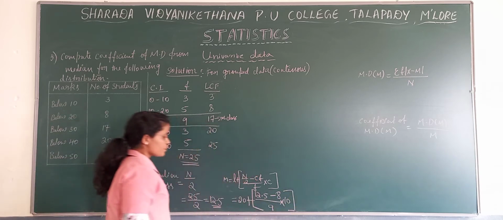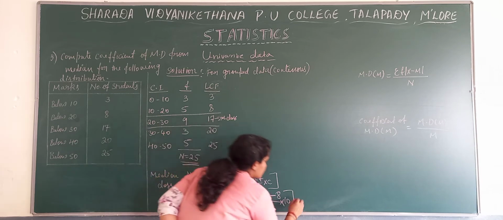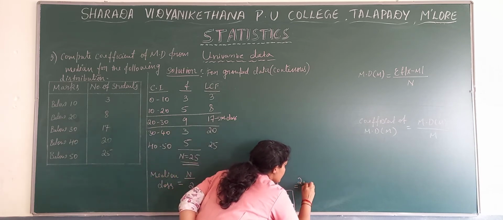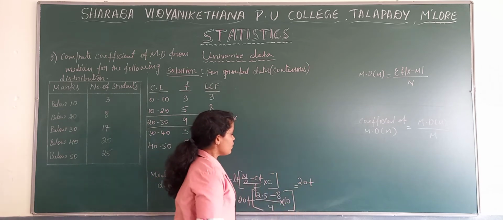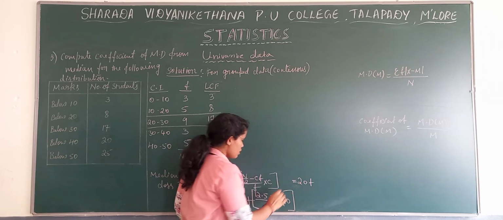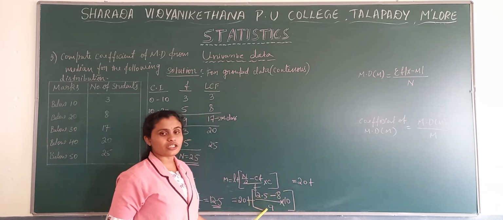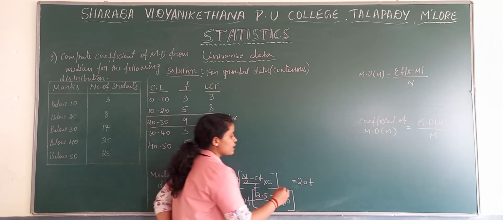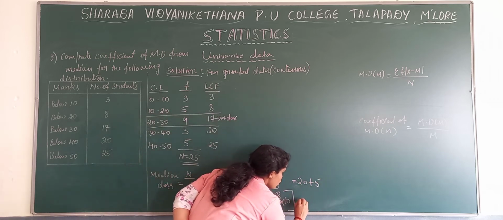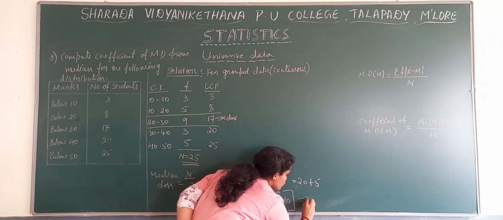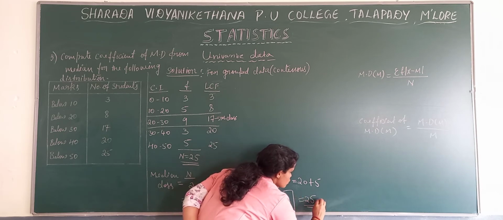When we solve 12.5 minus 8 into 10 divided by 9, we get 5. So our median is equal to 25.